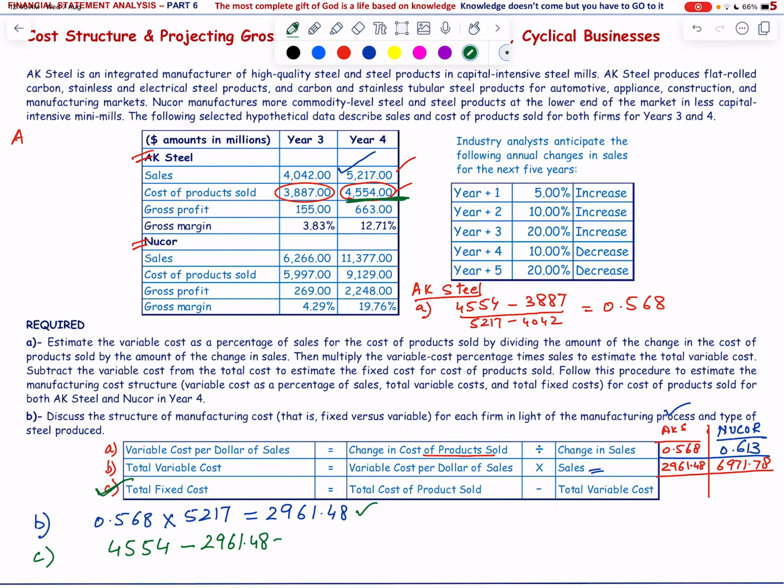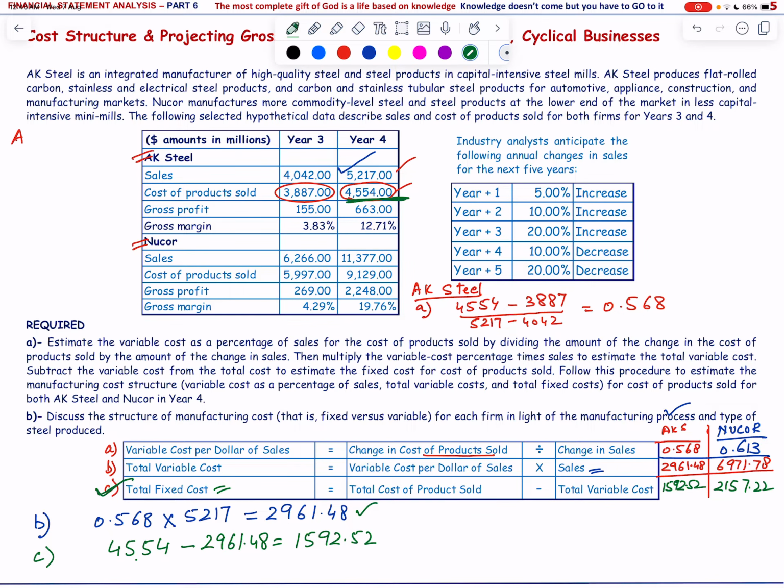So if from the total cost we subtract the total variable cost, we will get the total fixed cost, and the total fixed cost will be 1592.52. And in the same way you can calculate for Nucor, and that will be equal to 2157.22.